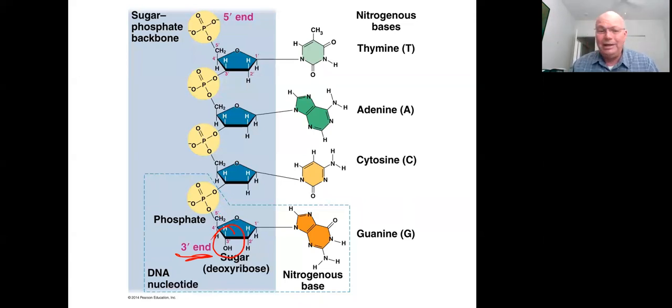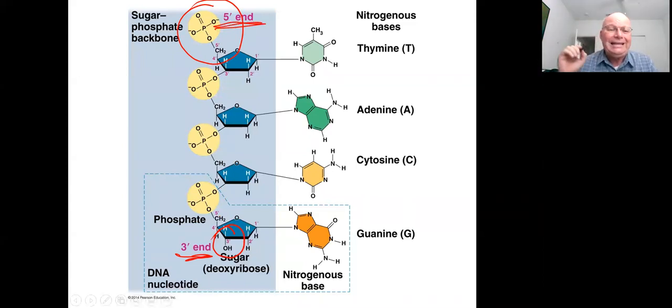That's got the phosphate group attached to it. So at the other end of the sugar, and let me move this for a moment so I can see the other end, you're going to have a phosphate group that is unmodified and not linked to anything other than the 5' carbon. So this is that phosphate group attached to the 5' carbon. And so we refer to this end as the 5' end.